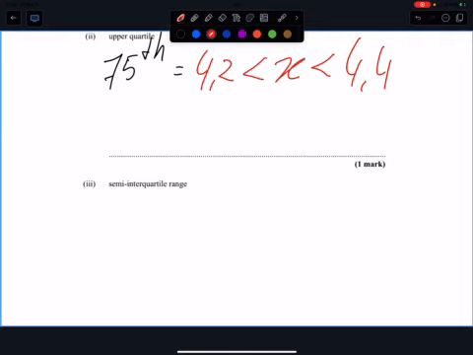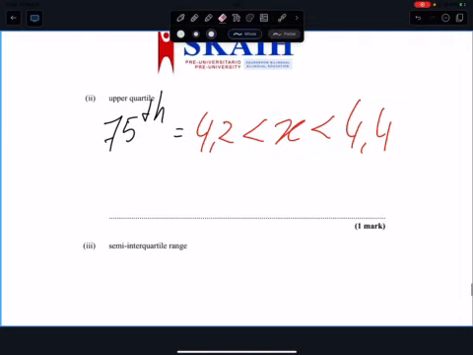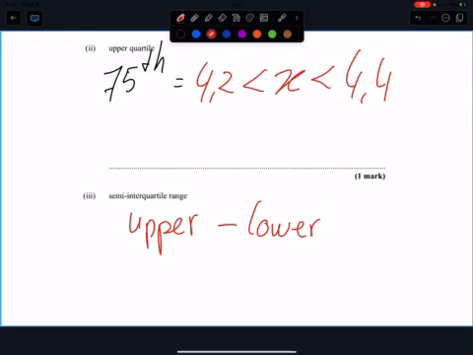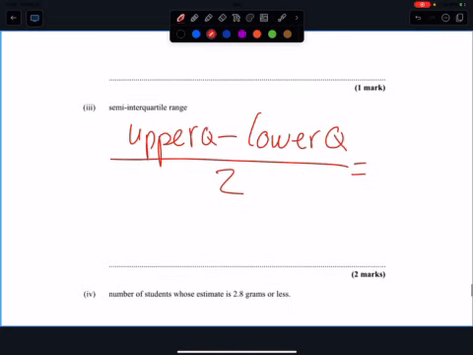Semi-interquartile range. That is the upper quartile, subtract the lower quartile, divided by 2. Now what is the lower? That's the question. The lower is the 25th percent.